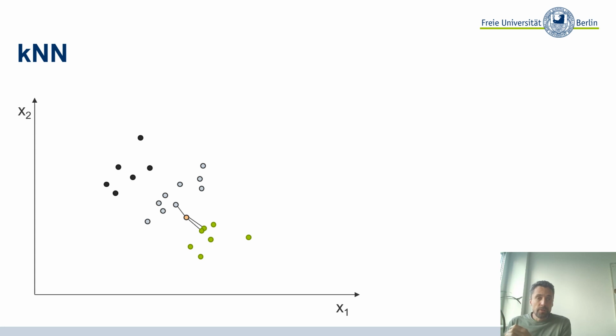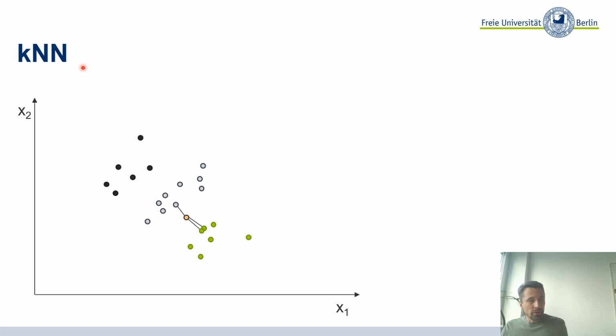Before starting with this new algorithm, let's think back to last lecture. We introduced you to an algorithm used for classification. So we had labels for the data, those colors here.